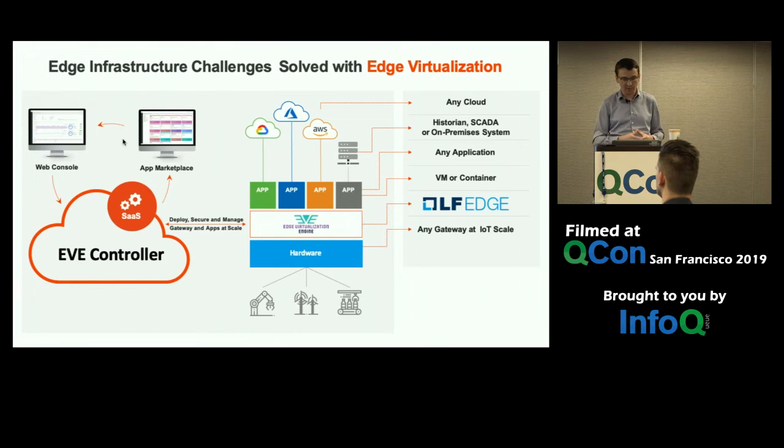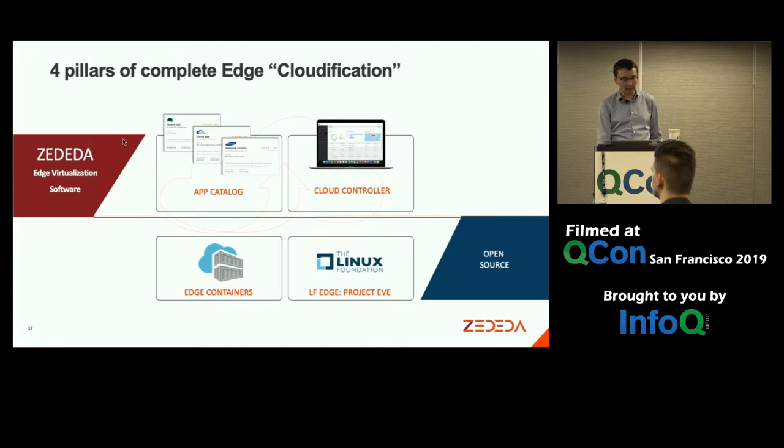That's the high-level architecture. And I will deep dive into one specific component, which is EVE, today. So hopefully that will be interesting. But before I do, the key takeaway from this presentation is that at the open source layer, we need to standardize on two components. One is the runtime itself. The other one is the notion of an application.